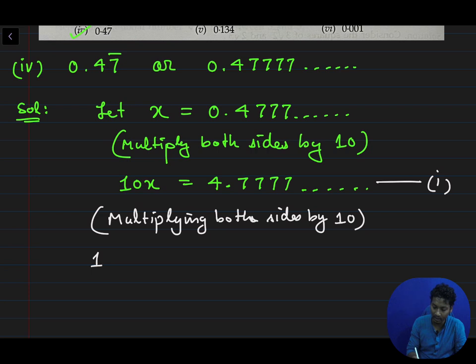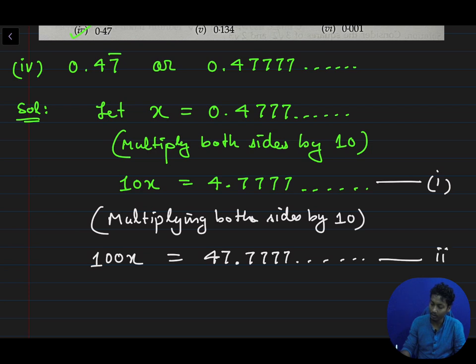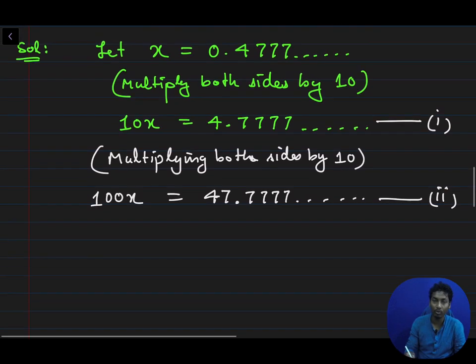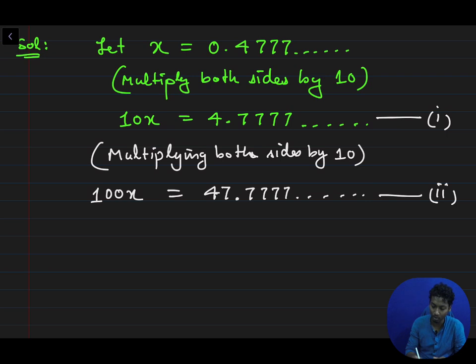So here 10 into 10x will give you 100x equals 10 into 4.777 will give you 47.777... That 7 came this side. So here we have this as your equation 2. Now you know the rule, subtract equation 1 from equation 2.